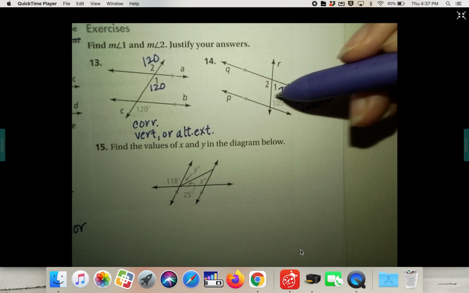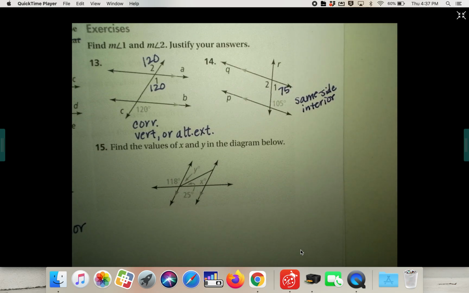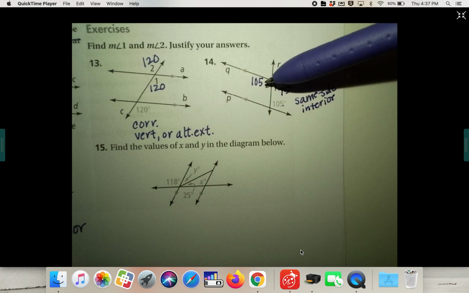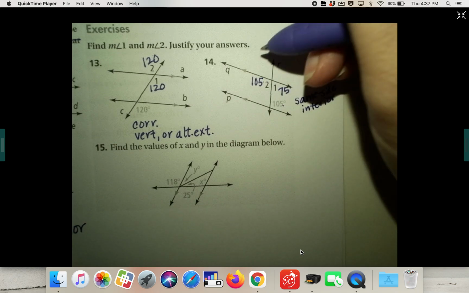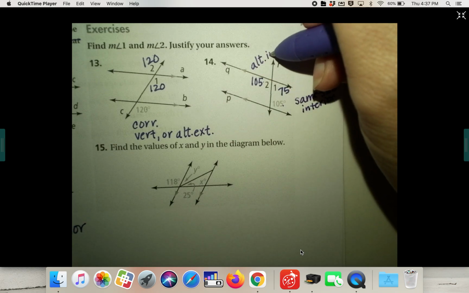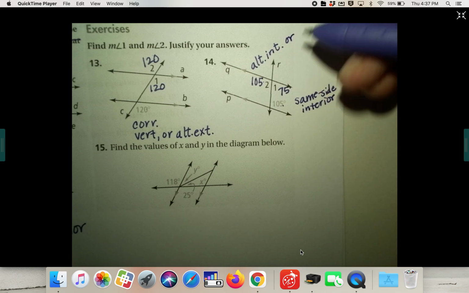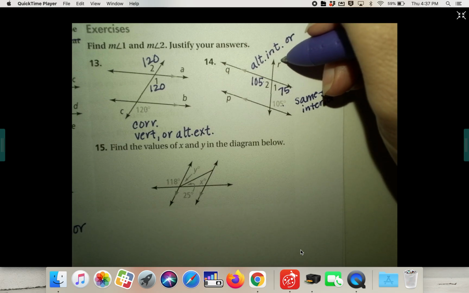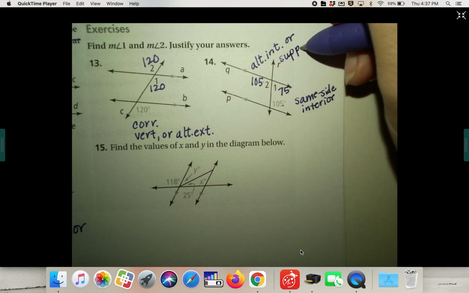And then angle 2, you have some options here. It's definitely 105. You could have gone straight from this 105 to this 105 because these two are alternate interior, or you could have used the 75 and 105 because these are supplementary or a linear pair.